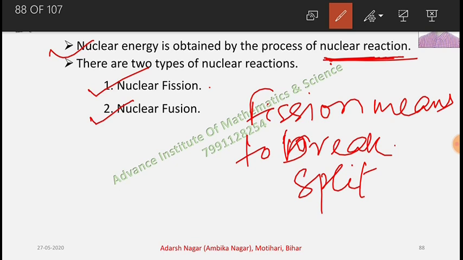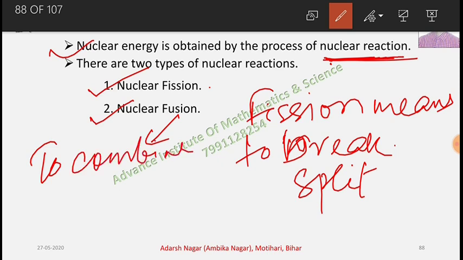In the second reaction, nuclear fusion means to combine or to join. In nuclear fusion, smaller or lighter nuclei join together and release lots of energy.